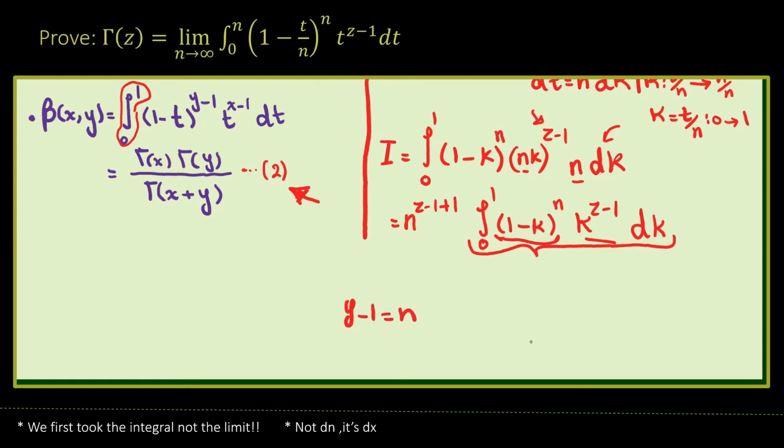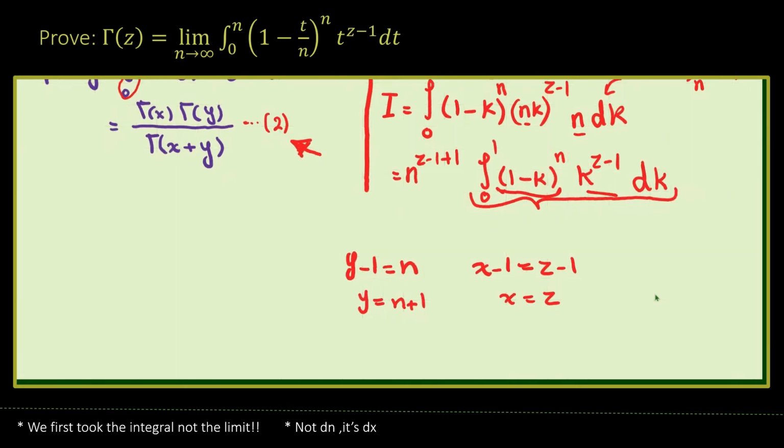If you compare these two powers, this power and this one, and x minus 1 is equal to z minus 1, so x equals z, and here y is equal to n plus 1.